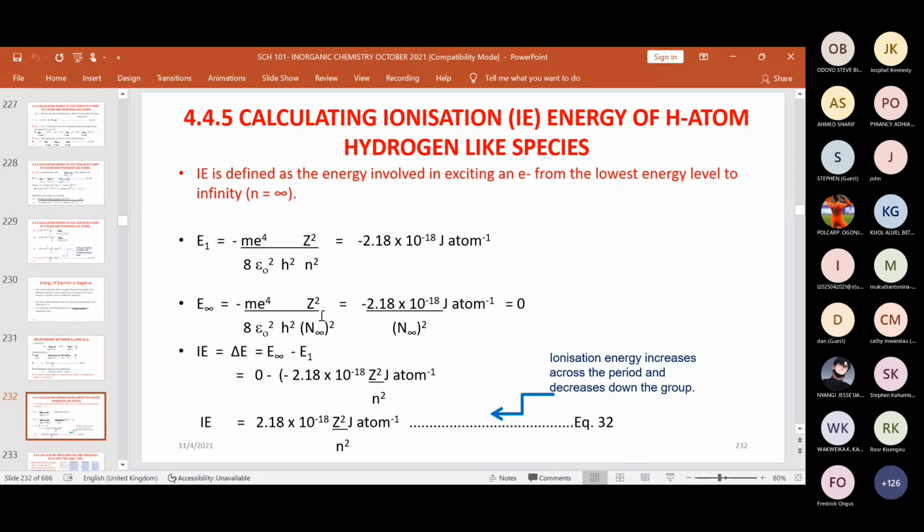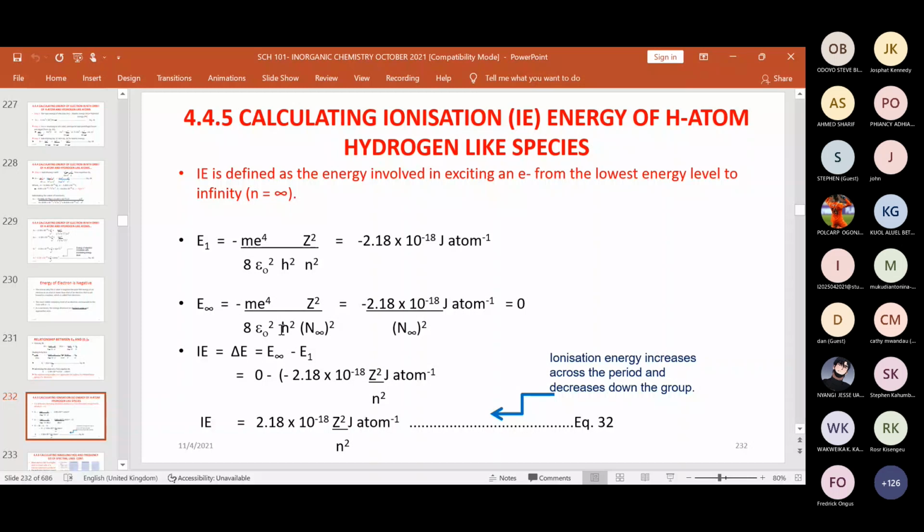In the manipulation on the right hand side for each equation, the energy for the first energy level will be equal to negative 2.18 times 10 raised to power negative 18 joule per atom, whereas the energy for infinite energy level, when we substitute in this equation, when n is very big, the equation reduces to 0. When you divide a number by a very big number, the final answer is close to 0. So we put 0. The energy for infinity is equal to 0.